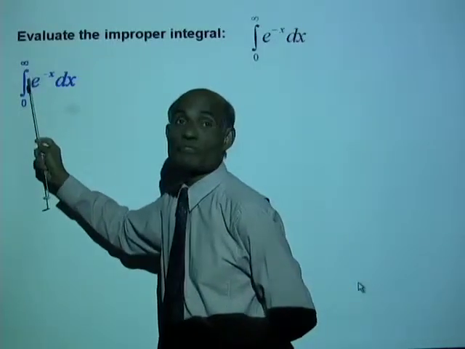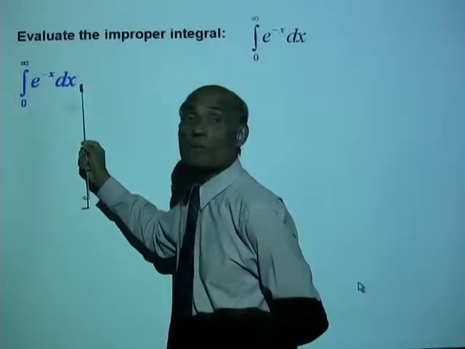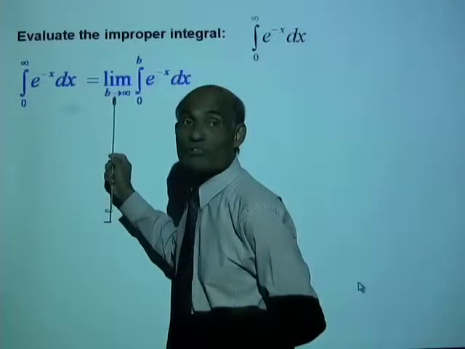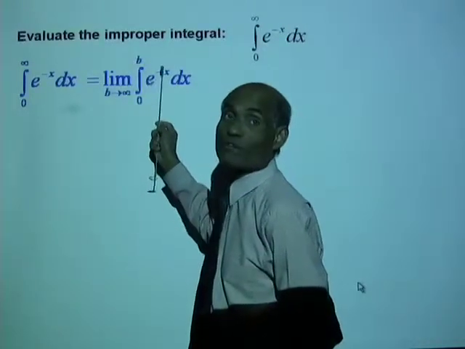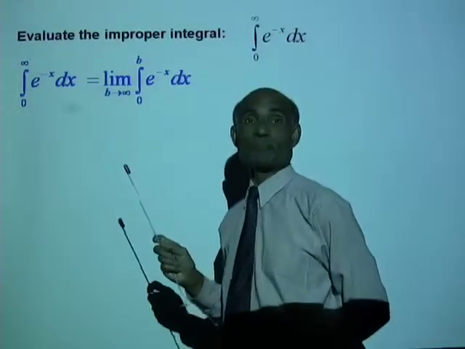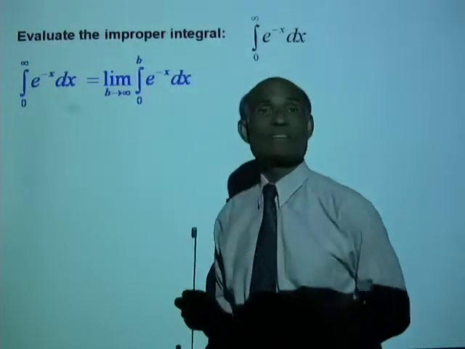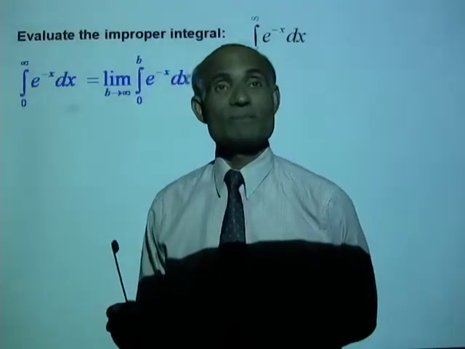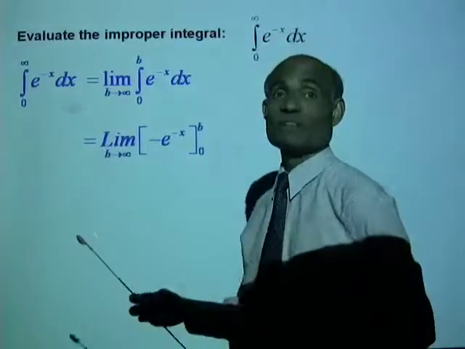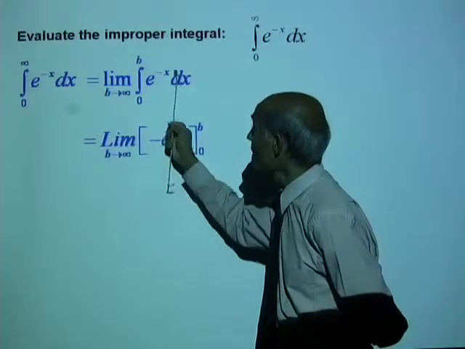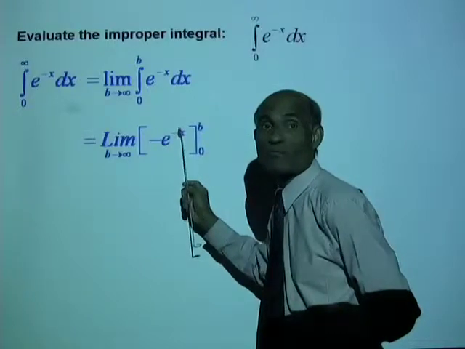Integral 0 to infinity e to the negative x dx will be limit b goes to infinity, integral 0 to b of e to the negative x dx. And you know what integral of e to the negative x dx is. It is negative e to the power of negative x.